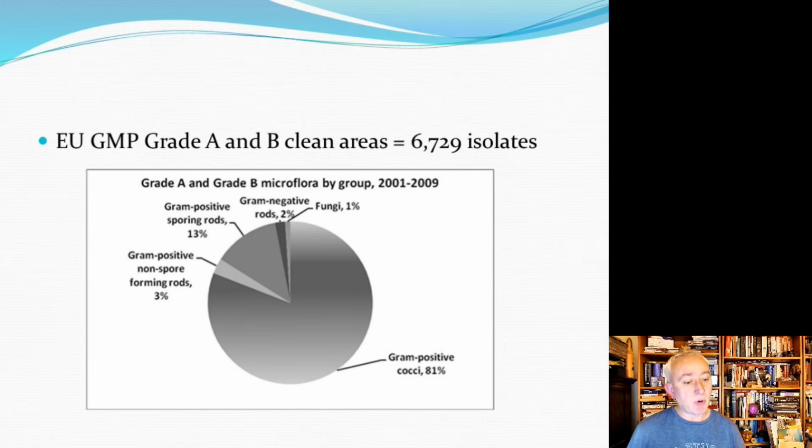Then there's a proportion of gram-positive organisms and very low levels of gram-negative organisms and fungi. So ideally we don't want to see many organisms in these kinds of areas, but if we do, then understandably they are those that have been released from the human body.